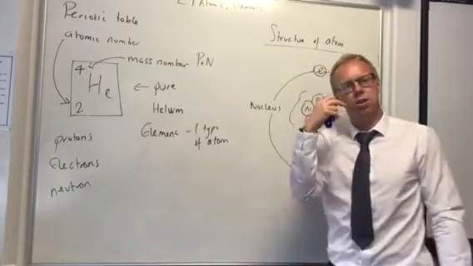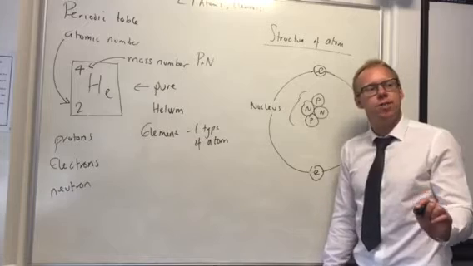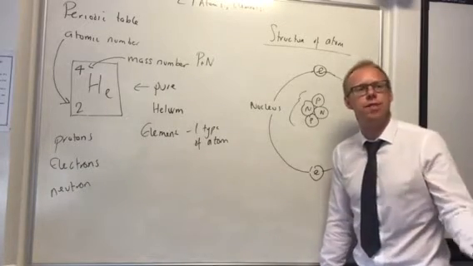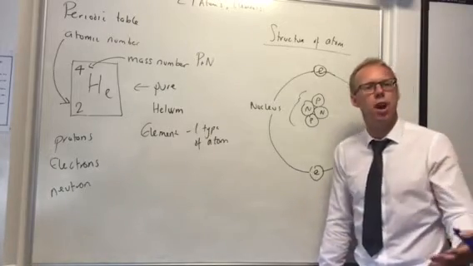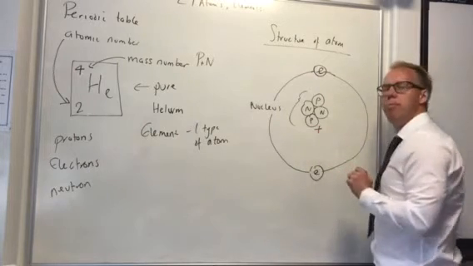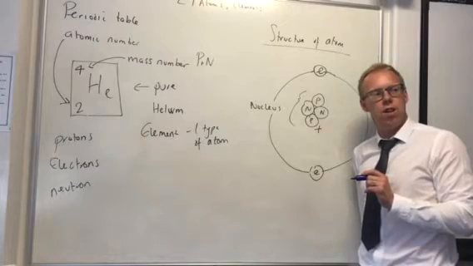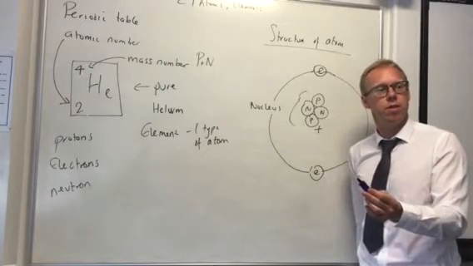One more little bit to add on to this before I go any further. Charges. These bits have charges. They have positivity or negativity. And you need to know which one. There's a nice, easy way. The protons, they are positive in their charge. P for protons, P for positive.